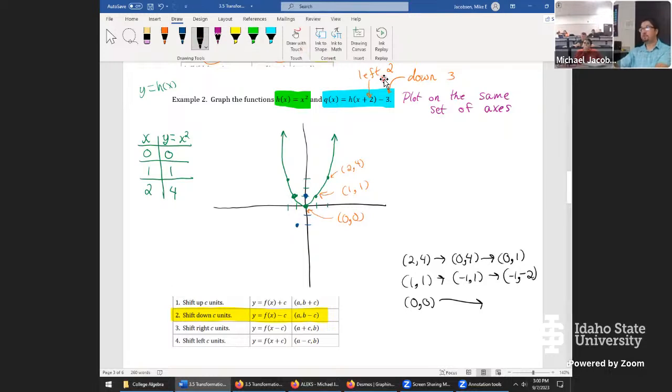Exactly. The -2 comes from left 2. Means subtract 2 from the first coordinate. So -2, as you said. And if it says down 3, subtract 3 from the second coordinate. So this becomes -3. Now let's go back to the graph. -2, -3 would be right over here.